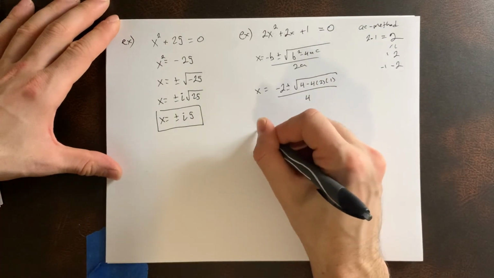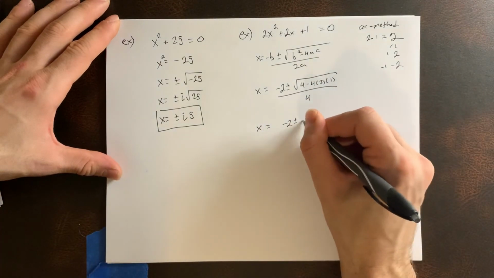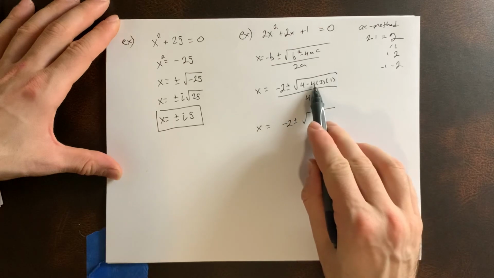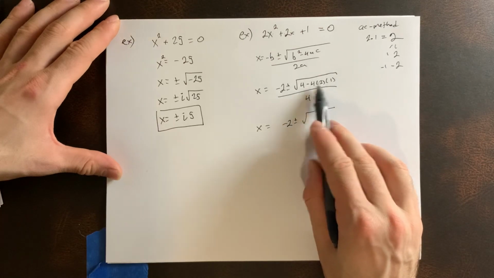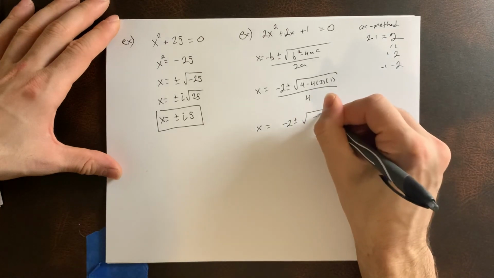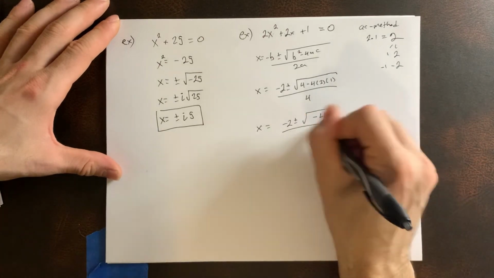So we get x is equal to minus 2 plus minus. So here we have 4 times 2, which is 8. So 4 minus 8, which is minus 4. All over 4.